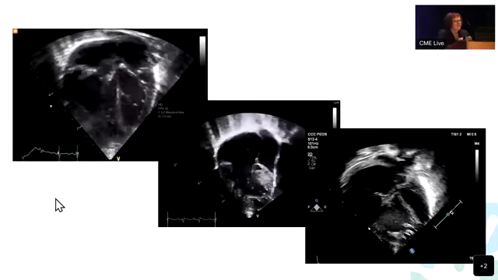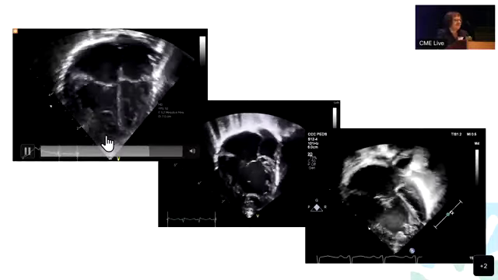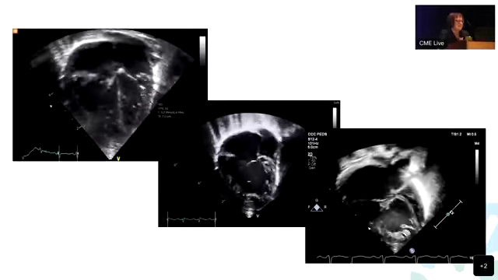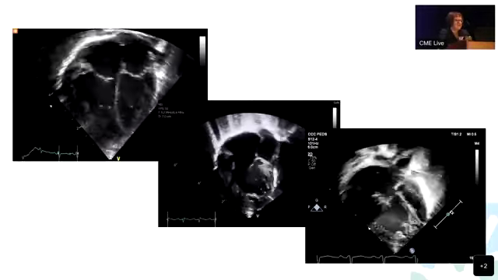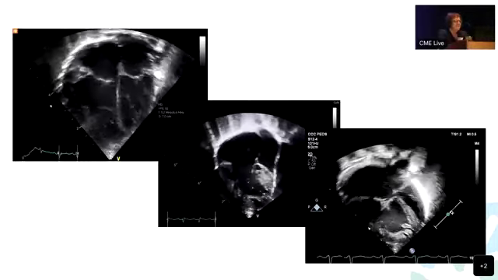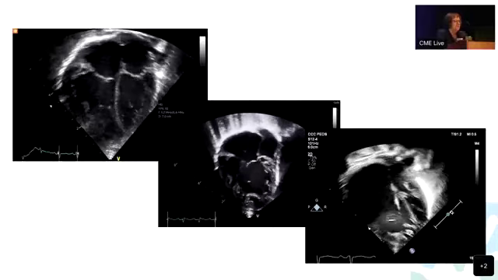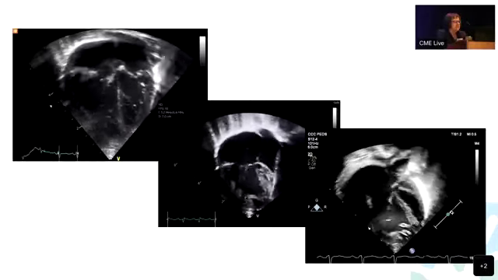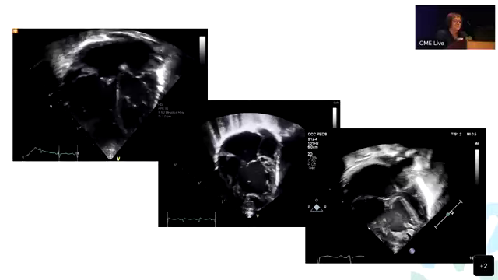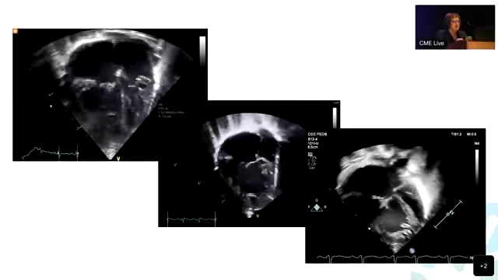So here in this first panel, you see a heart that's obviously got some degree of hypoplasia. The LV is not apex forming. You can tell that it's smaller than the right ventricle, but it has that feel that this may be a keeper, and we can probably use this left side of the heart. In the middle panel, we see a patient with mitral atresia. It's also aortic atresia.